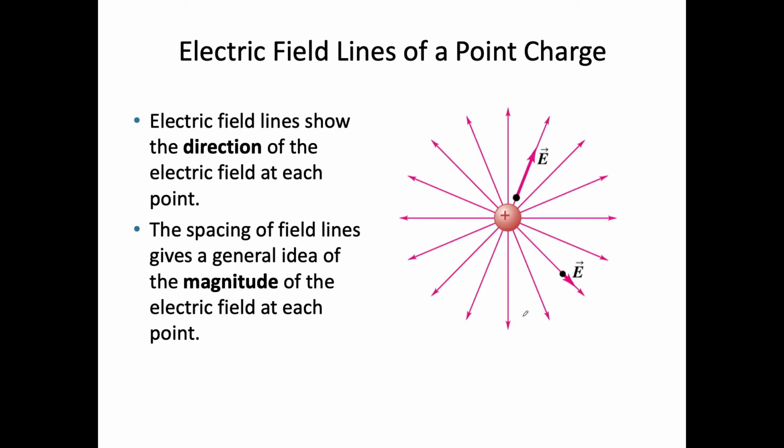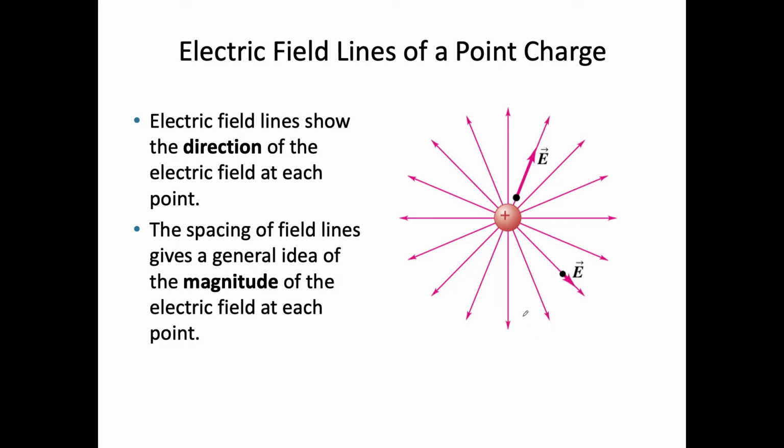So the electric field line is not real, but it's very instructive for seeing how the electric field looks and how we do more complicated calculations. And we use the density of the field lines to represent the magnitude of the electric field at that location.